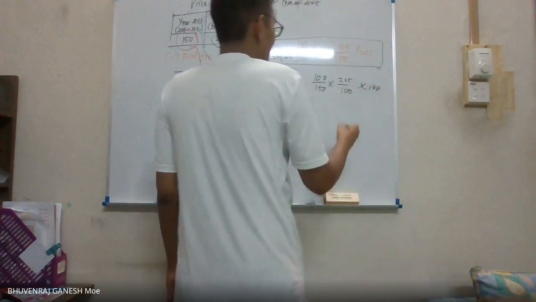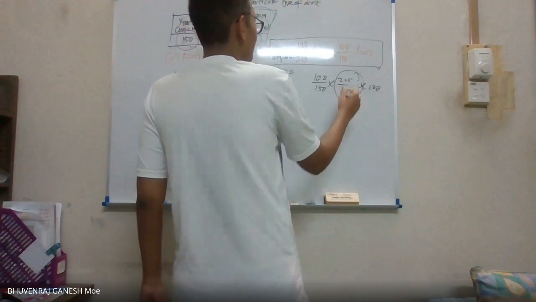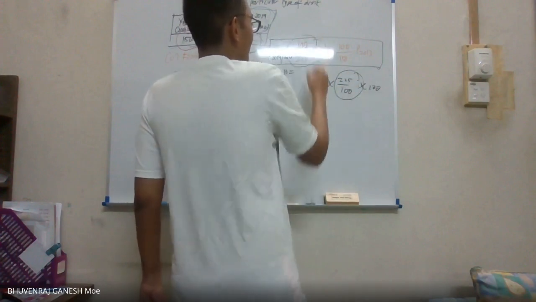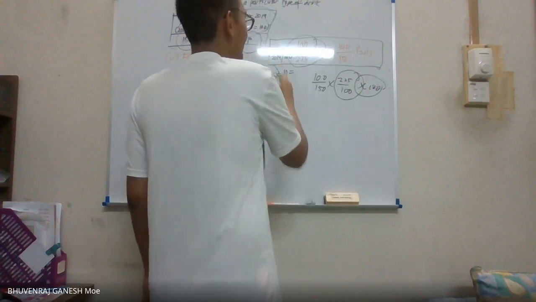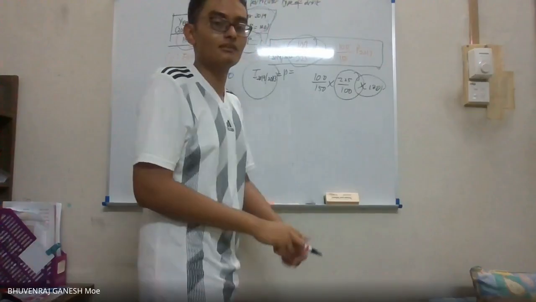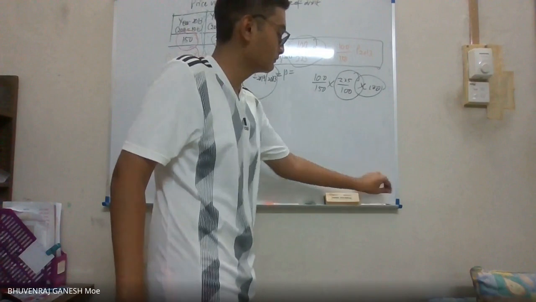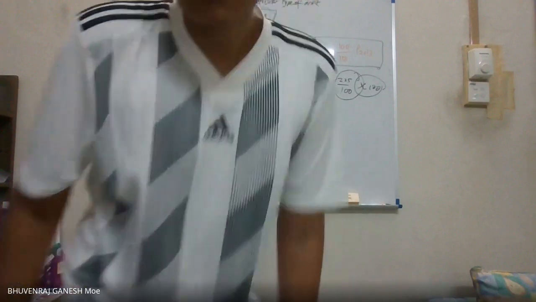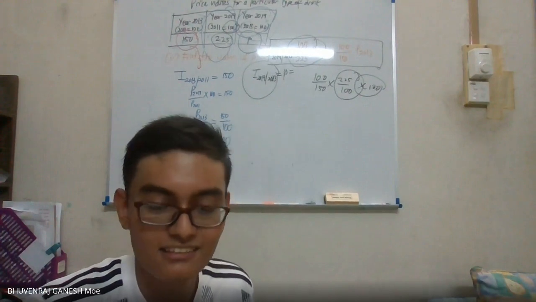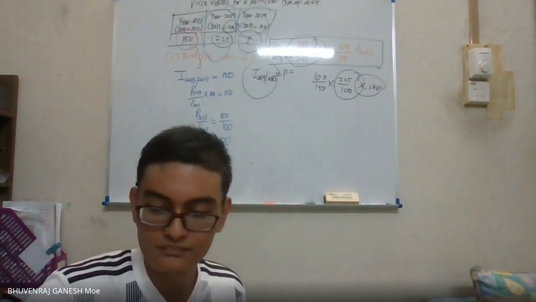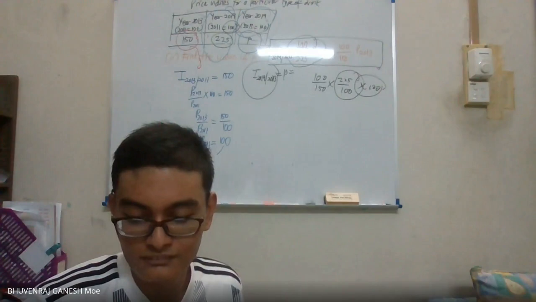So only two things you must be careful of: this part you must inverse from here, and the last part is times 100 because that is the formula for price index. Then you should get the answer. That should be price index done.